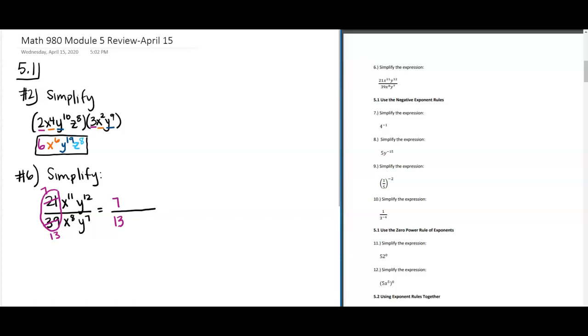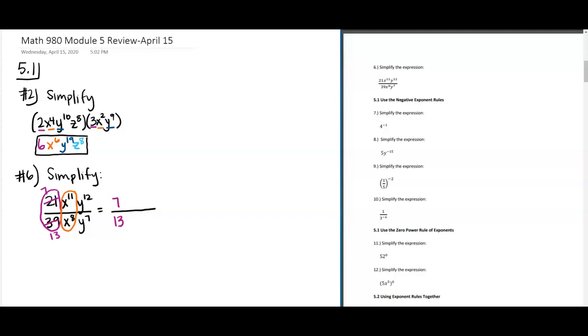Now we're going to look at our x terms. So x to the 11th divided by x to the 8th. When these are connected by division, we subtract those exponents, or another way you can think of it, which helps more when we have negative exponents, is to ask where there are more x's, because that's where the x is going to end up.